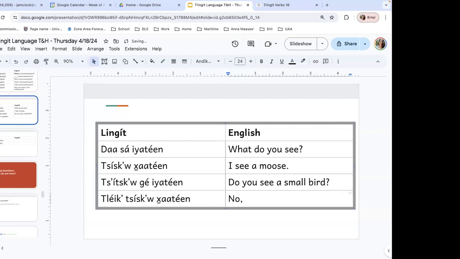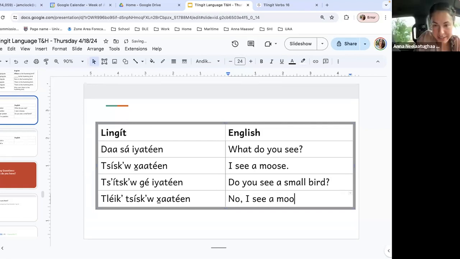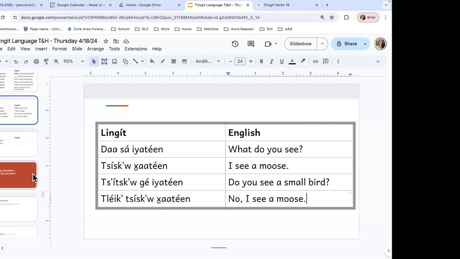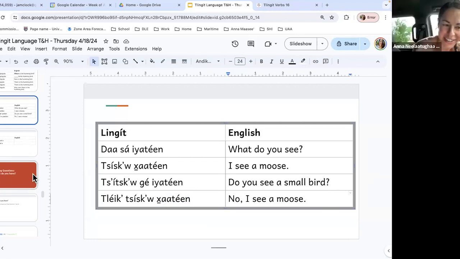Yeah. And the word order, like you said, you say the thing you see, moose, and then I see. So the word order is different in Lingit from English, and that's cool to hear how you're internalizing that. That's why I really enjoyed the gloss. Yeah, the gloss is very helpful for that.